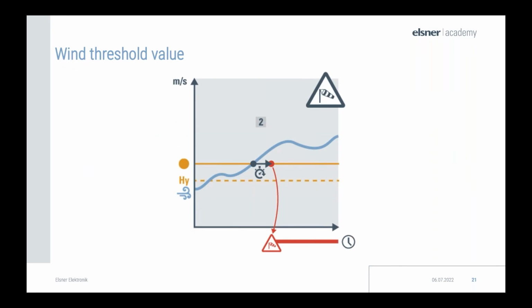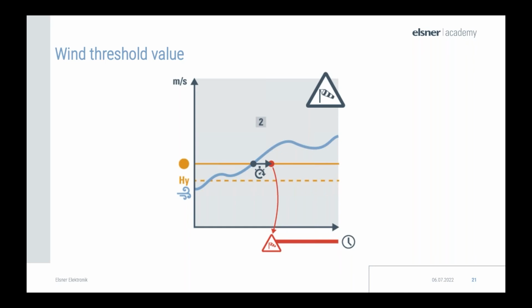So on this slide, we have a small visualization of what I just said before. Since it's very theoretical, we try to give you this visualization as an orientation to understand what I said before a little bit better. We have just dealt with the detailed settings of the wind alarm. Now I would like to show you exactly this again briefly in a diagram. For explanation, the blue line shows the wind speed.